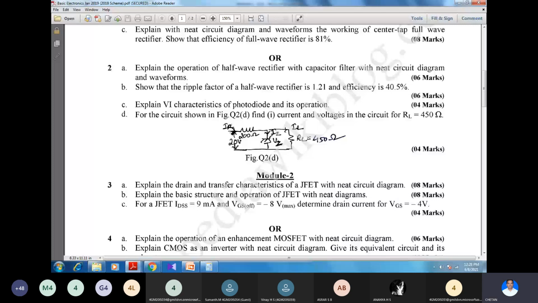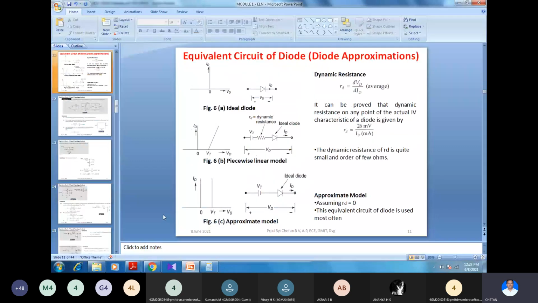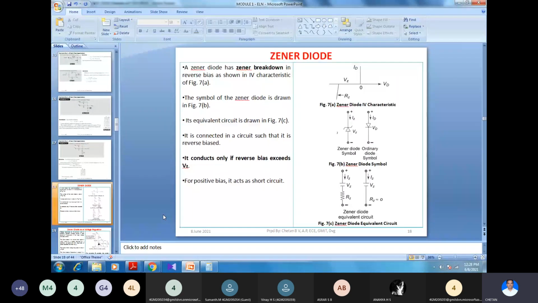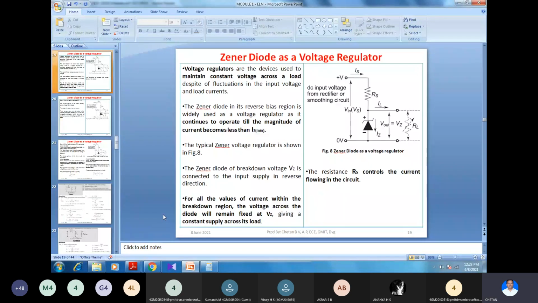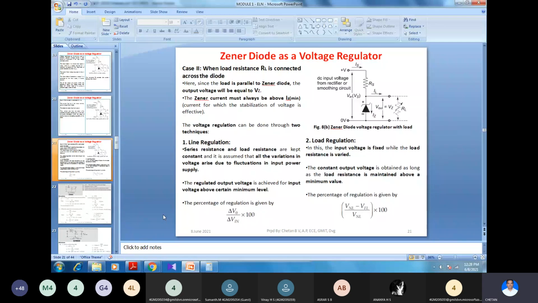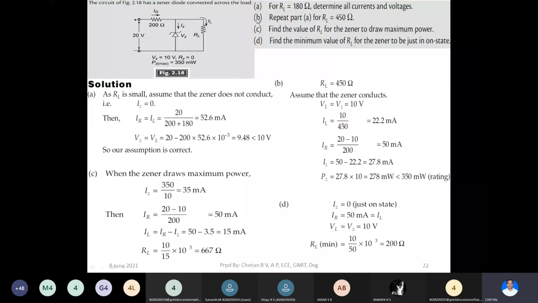If you see this problem, this also we have solved in one of the classes, the class where we discussed Zener diode voltage regulator. So we have solved that problem. I will just go to that problem. It is the very first problem that we have solved, right? So it is case number 2, that is case B of this problem.